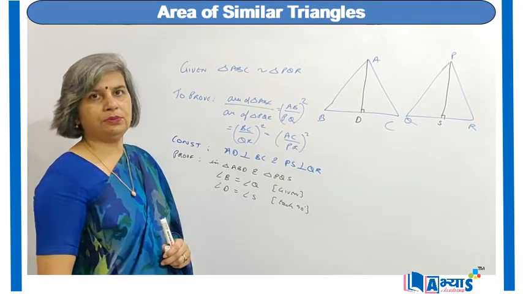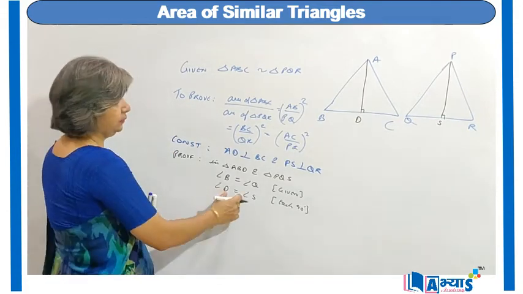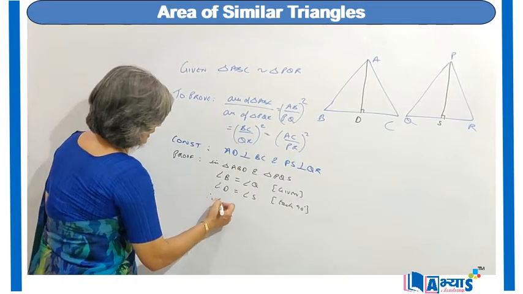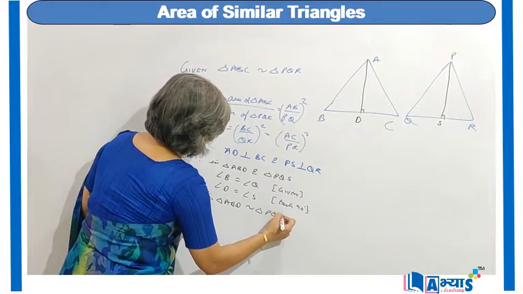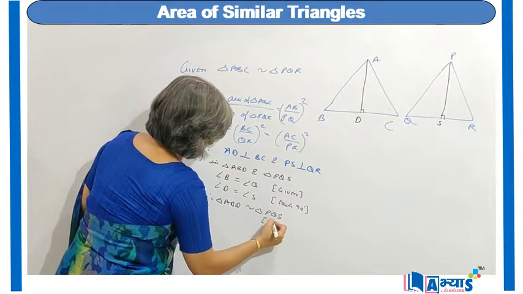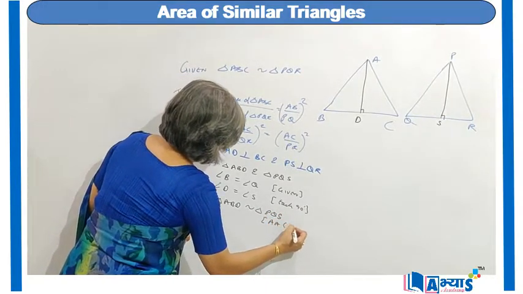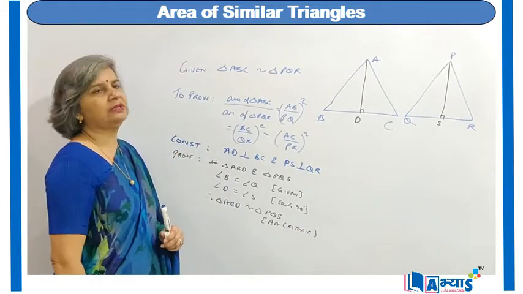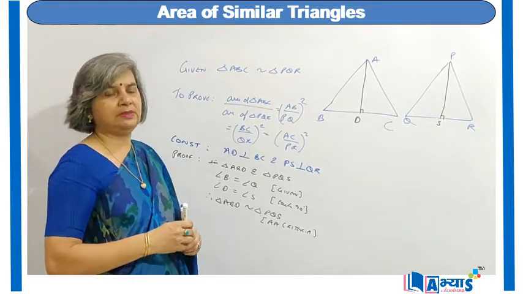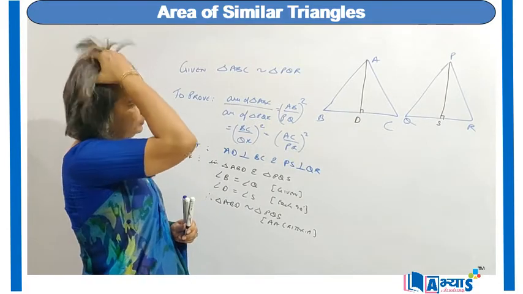Therefore, triangle ABD is similar to triangle PQS using the AA criteria of similarity.